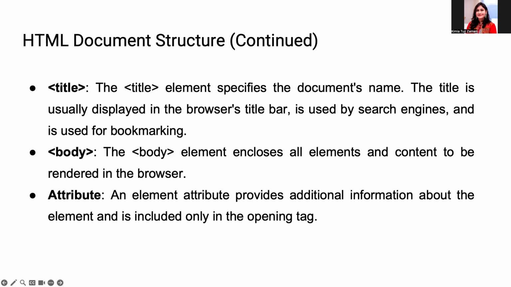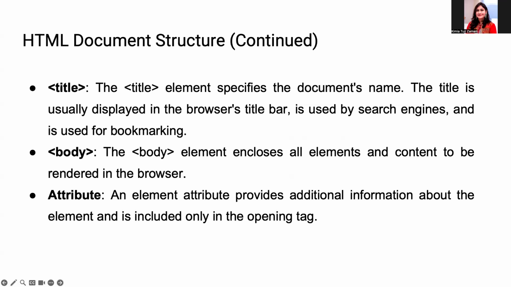So let's talk about three important parts: title, body, and attributes. First, the title. This is the name of your web page, which you put inside the title element. It shows up in the browser's title bar or the tab name at the top. It's also what search engines read, and it's the name that appears when someone bookmarks your page.